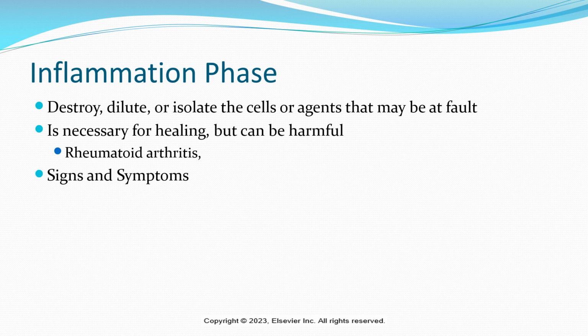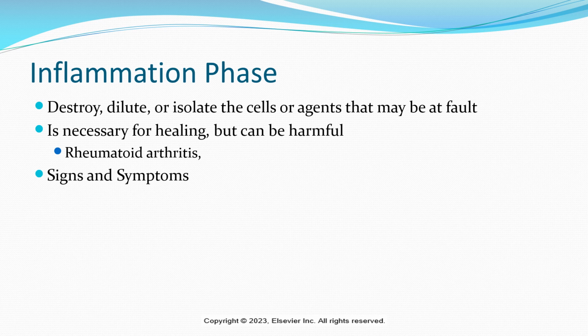Okay, so let's look at this inflammation phase. What does inflammation really mean? The Latin term, inflammare, means to set on fire. So we're going to see these different signs and symptoms that pop up here and maybe why that's appropriate to name it that way. But what's the goal of this inflammatory phase? Well, it's really to destroy, dilute, or isolate the cells or agents that may be at fault or may have caused the injury.